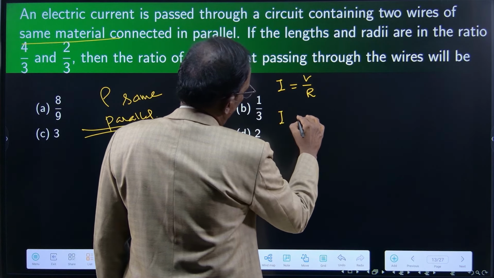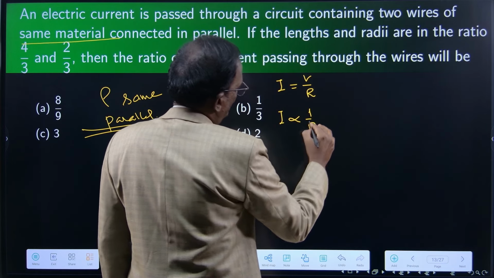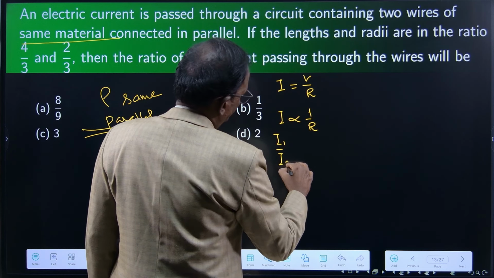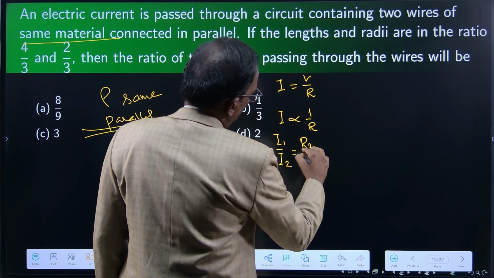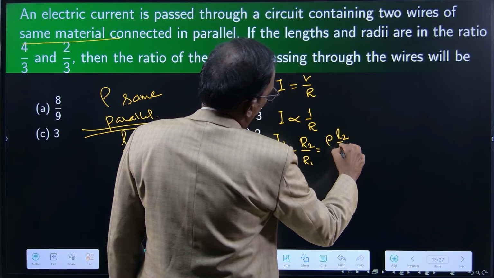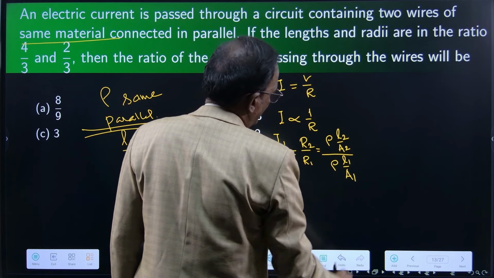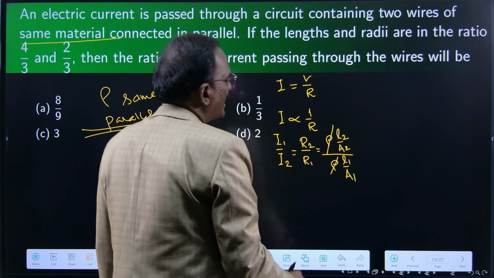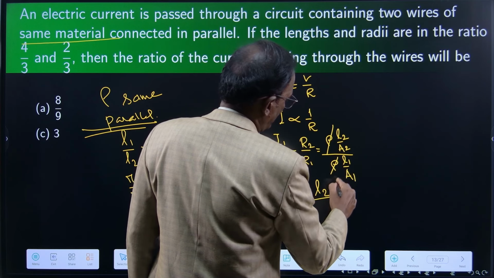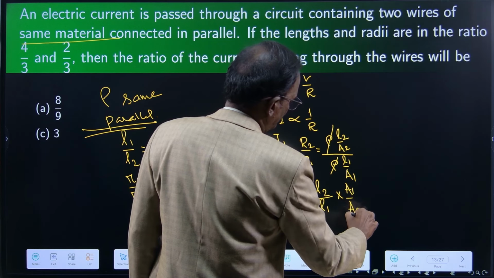So I is proportional to 1 by R. Then I1 by I2 is equal to R2 by R1. R2 is rho L2 by A2. R1 is rho L1 by A1. Rho I am removing. This is giving me L2 by L1 into A1 by A2.